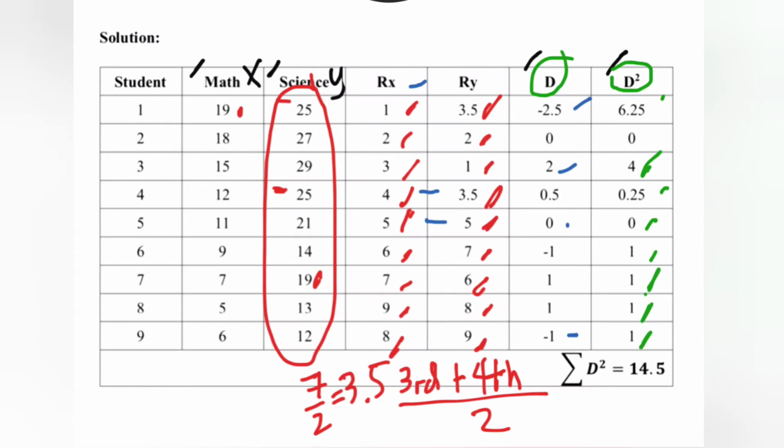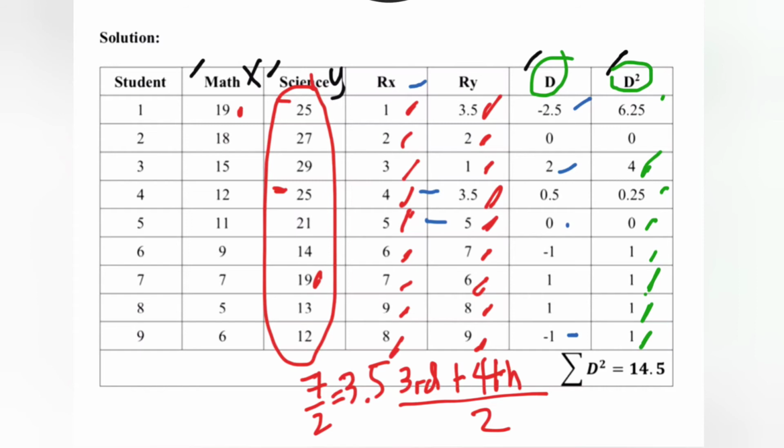So, we now have the values of d squared. All we have to do is get the summation of d squared: 6.25 plus 4 plus 0.25 plus 1 plus 1 plus 1 plus 1 equals 14.5. So, we now have the summation of d squared, which is what we need in the formula.